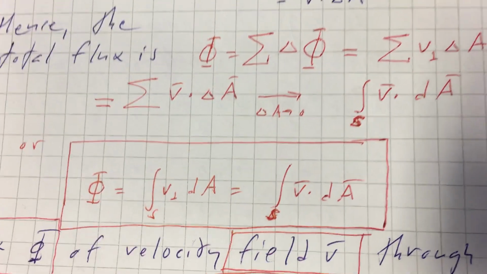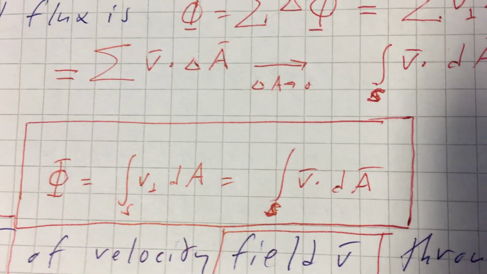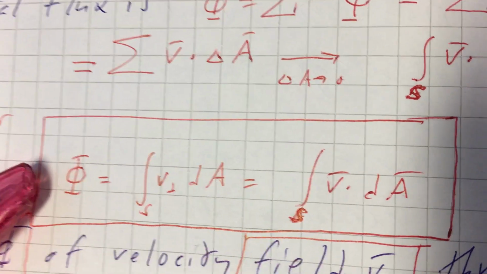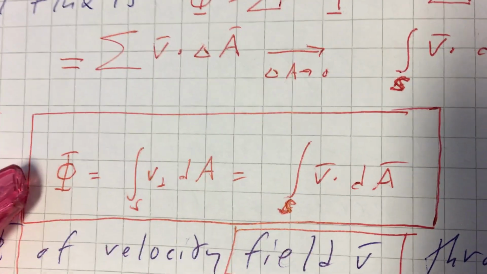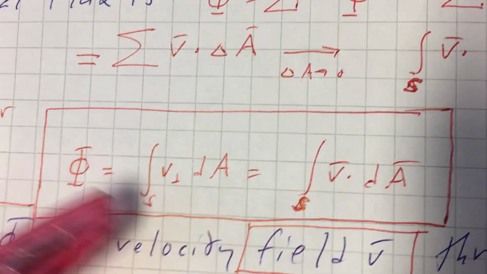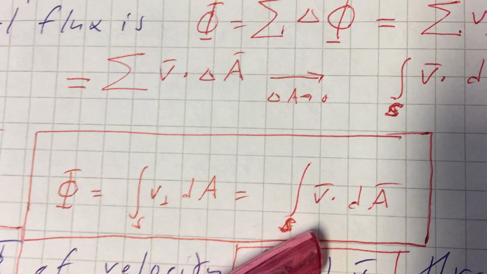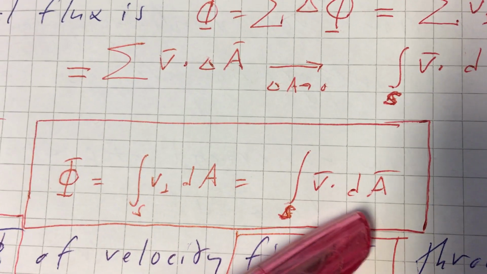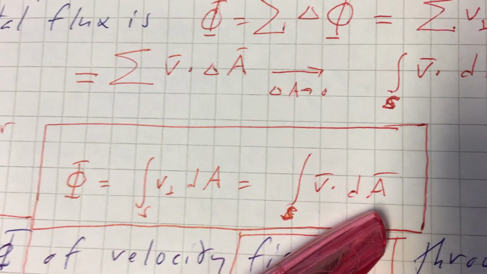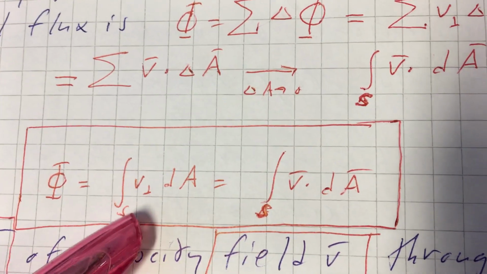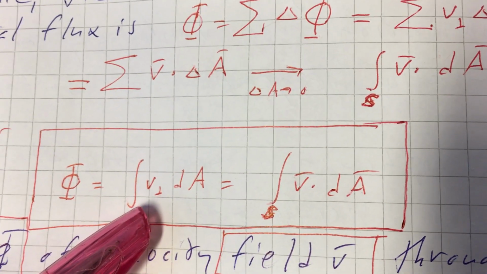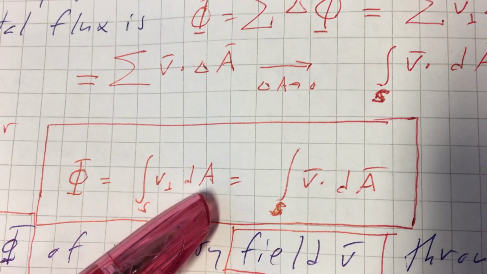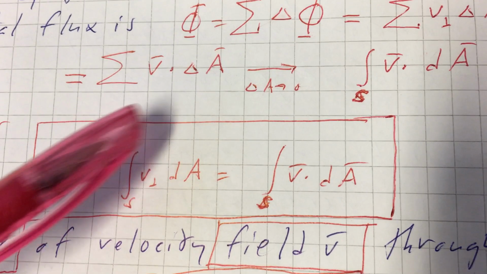So formally you can define the flow or flux of this volume flow as a surface integral of this velocity vector, and it's a dot product between this velocity and the surface element. So it can also be thought of as the perpendicular component of velocity times the surface element, and then you sum over all these elements.